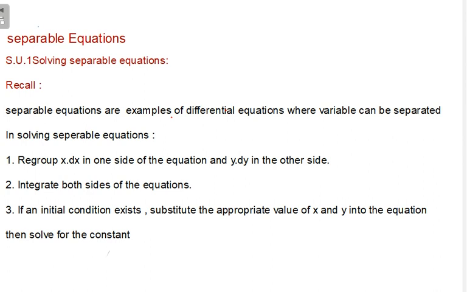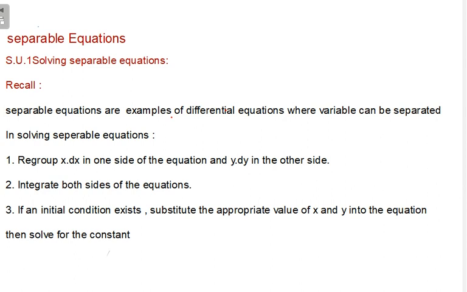So, in solving this kind of differential equation, the first step is to regroup x dx on one side and y dy on the other side, so that I can integrate both sides of the equation. In order to integrate, I need x dx on one side and y dy on the other.